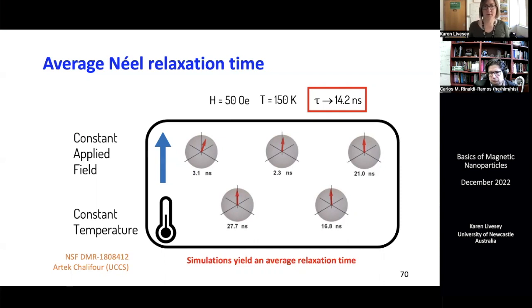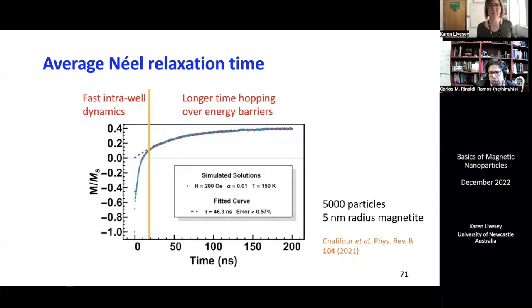Okay. This is a summary slide of what you just saw with those videos. This is the net magnetization of an ensemble of 5,000 particles, and here is time, in nanoseconds. We started all the particles downwards, which is completely artificial. You would never see this in an experiment, but we can do it in a simulation.